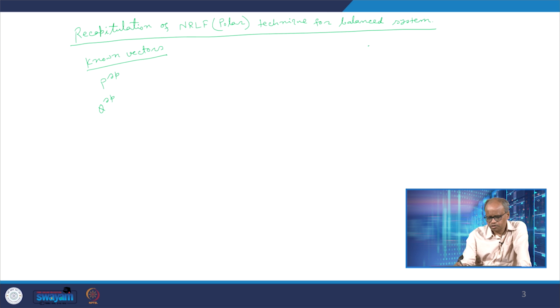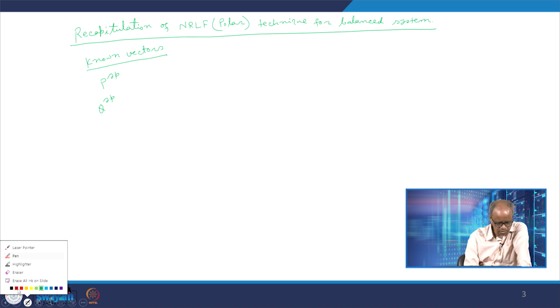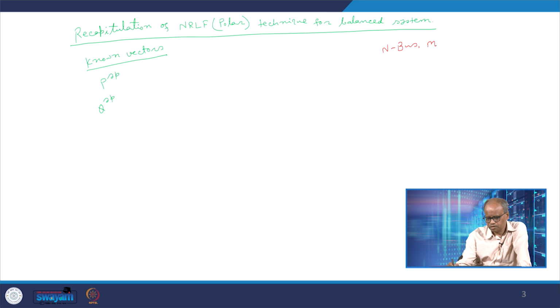And again we assume that there is an n bus, m generator system. Before I talk about the known vectors, let us first talk about the unknown vectors.